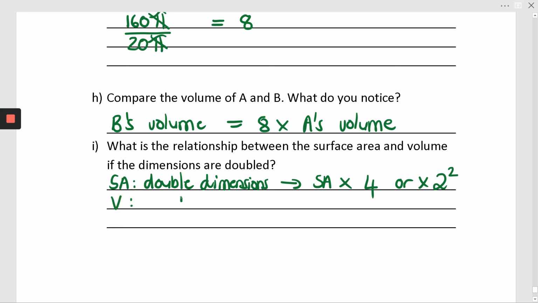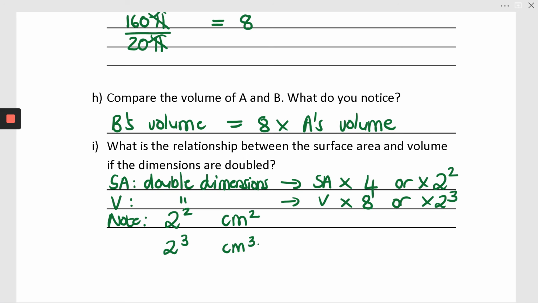When you double, the volume multiplies by 8 or multiplies by 2 to the 3. Isn't that interesting? I want you to note something. It multiplies by 2 to the 2 when you're dealing with centimeters squared. And it multiplies by 2 to the 3 when you're dealing with centimeters cubed. There's definitely something at work there in those patterns. So what we're seeing is that when you double something and you double all of its dimensions, it does a whole lot more than double the volume and the surface area.